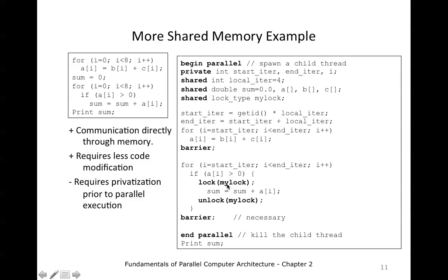Therefore, it has to be protected by a lock and unlock. This pair ensures that only one thread executes the code that is enclosed by the lock and unlock. And finally we have to have a begin parallel and an end parallel to mark the beginning and the end of the code that the two threads execute in parallel.